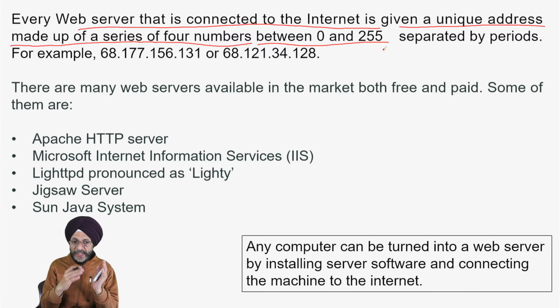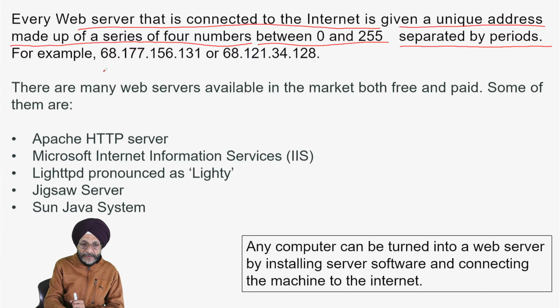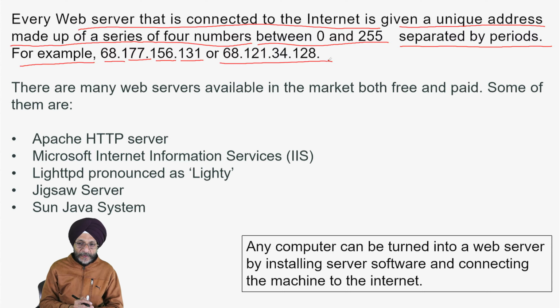Then the answer will be it is made up of a series of four numbers between 0 and 255, which are separated by periods. Periods means dots. For example, 68.177.156.131. And this is another example of another unique address of a web server.